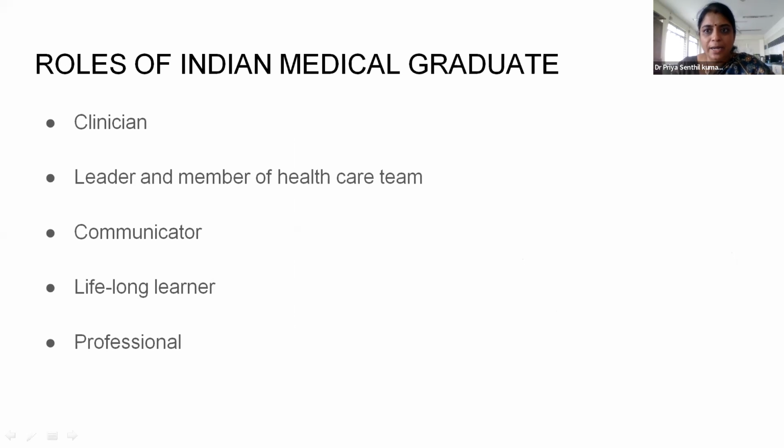So why has SDL got so much importance? Thanks to the MCI and the NMC, this is one of the important roles that the Indian medical graduate should possess. One of the five roles: clinician, leader and member of healthcare team, communicator, lifelong learner and professional.